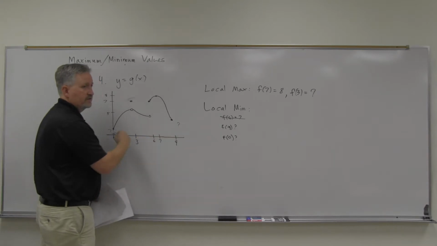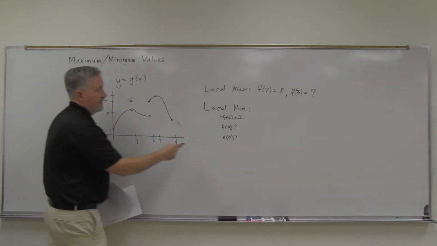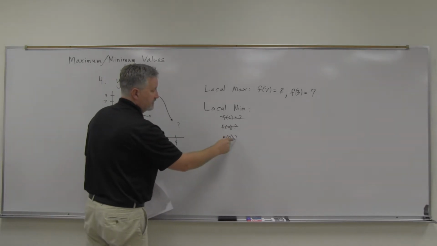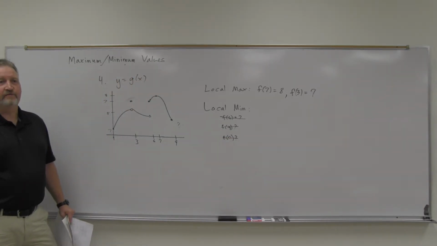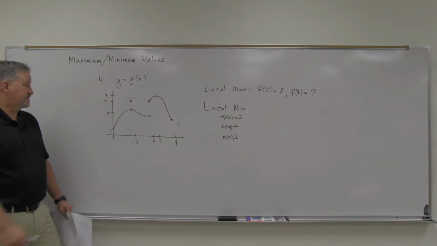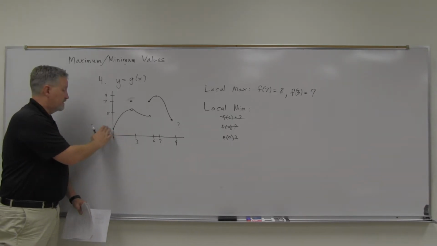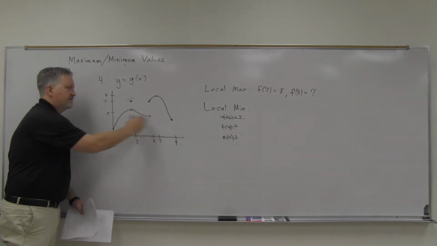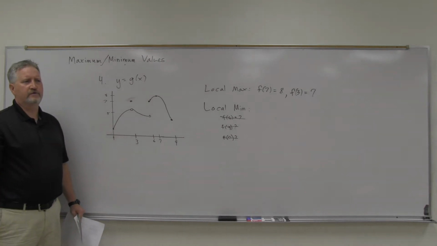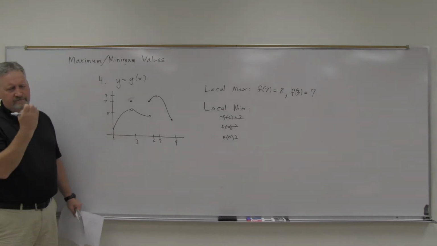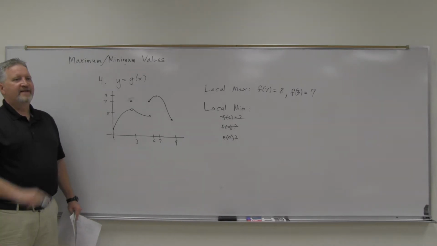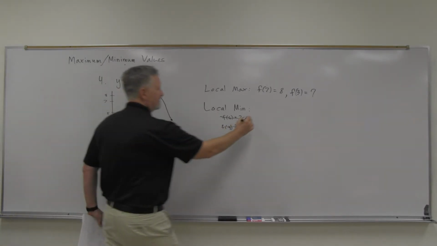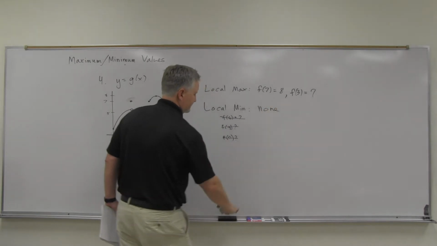So for local mins, you can't say whether those are minimums or not, because it may very well be that they're not. So you have to be able to look at both sides on a local min because of basically the definition. Okay? Now, so there's not any local mins here.